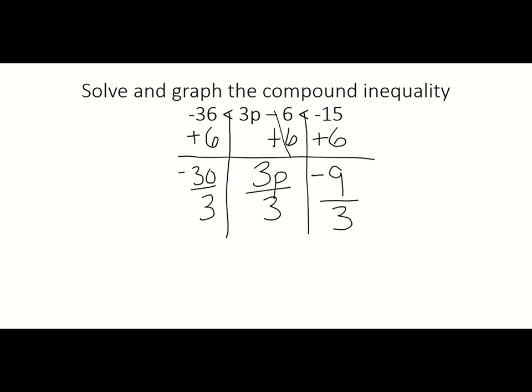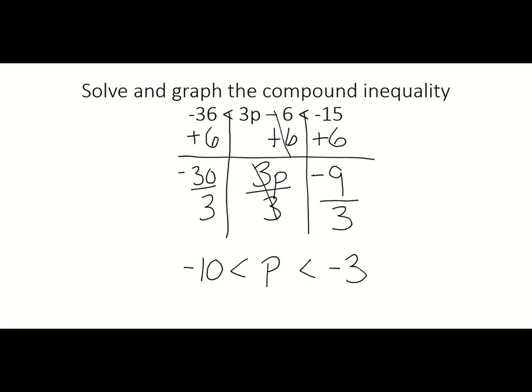So -30 divided by 3 is -10. You're left with p in the middle. And -9 divided by 3 is -3. We divided by positive numbers, so we're just going to drop down the inequality symbols. So we have -10 < p < -3.